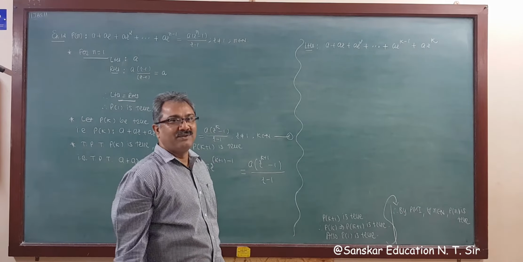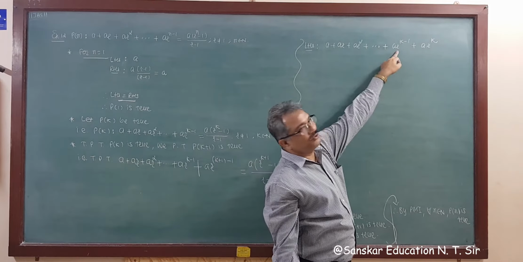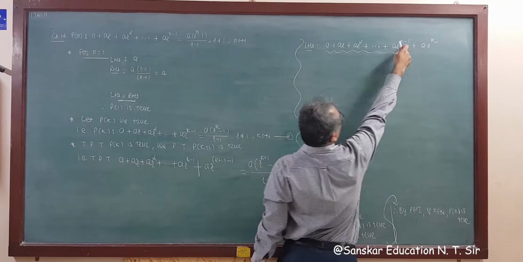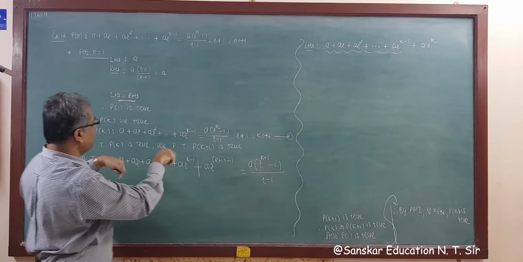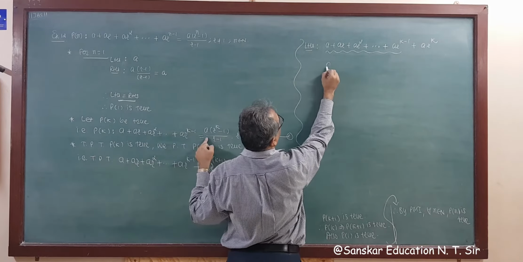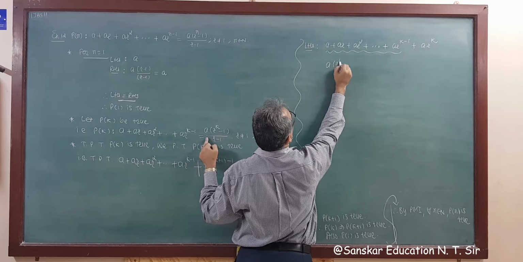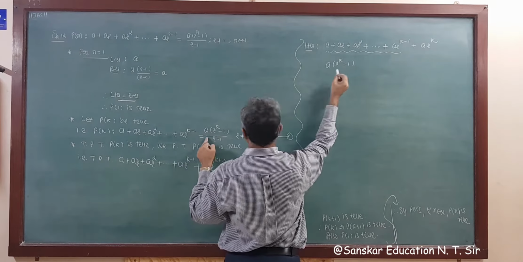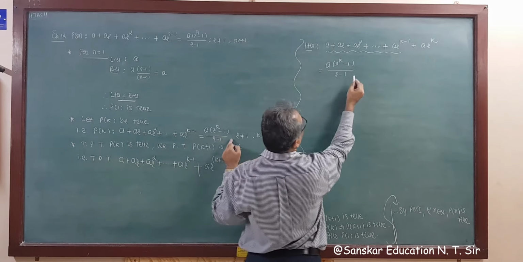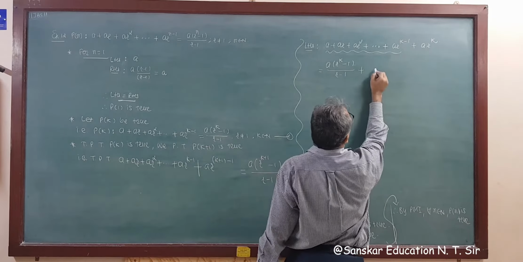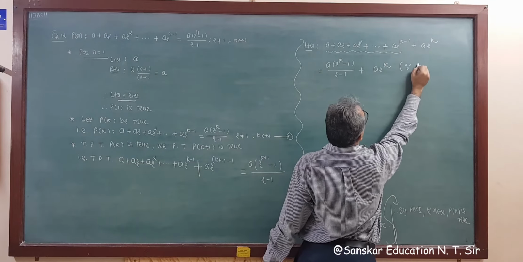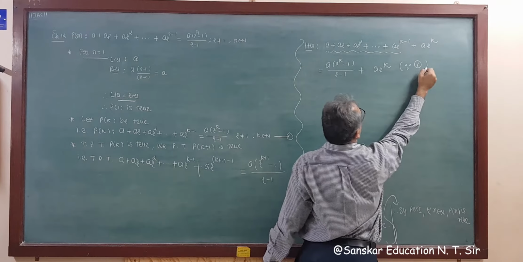And you know from second last term to first term is always your result number 1. So substituting the value of this, that is a(r^k - 1)/(r - 1), and remaining term is this ar^k. Why this? This is due to result number 1.